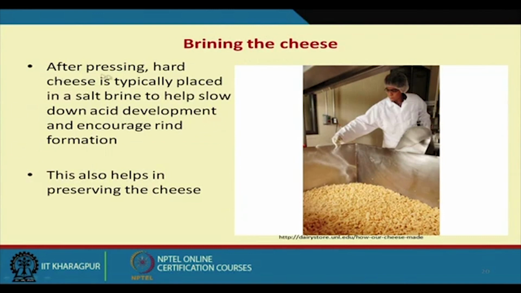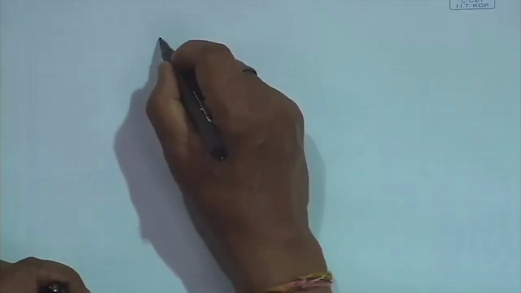Brining: after pressing, hard cheese is typically placed into salt brine to help slow down acid development and encourage the rind to form. I told you rind means a hard structure. If the upper structure of the cheese is hard, then the contamination problem will be less.